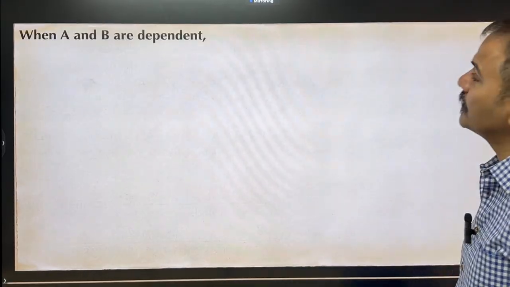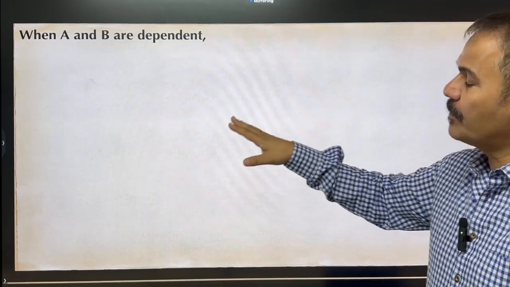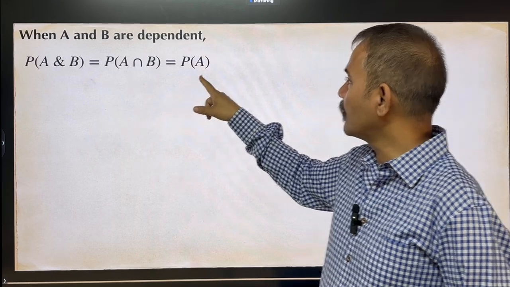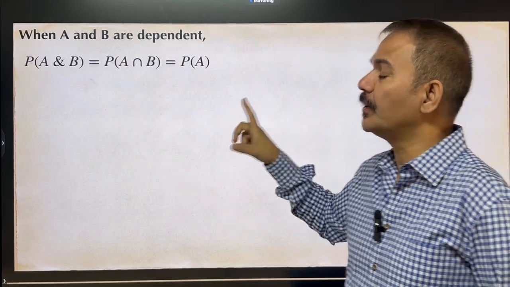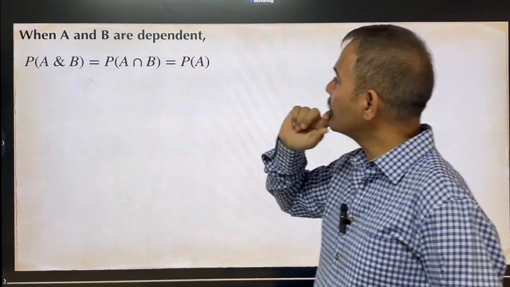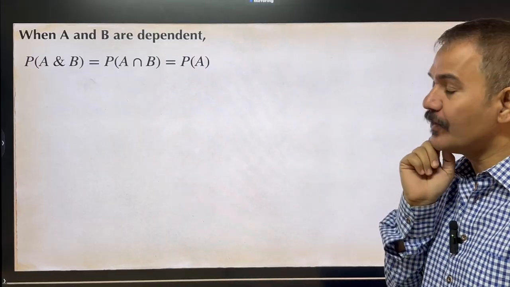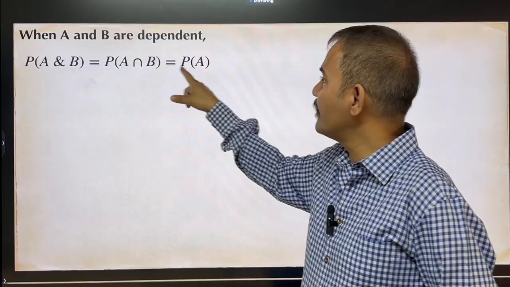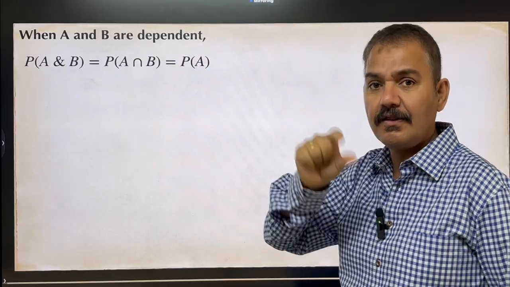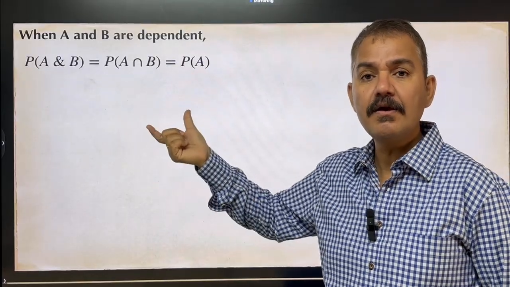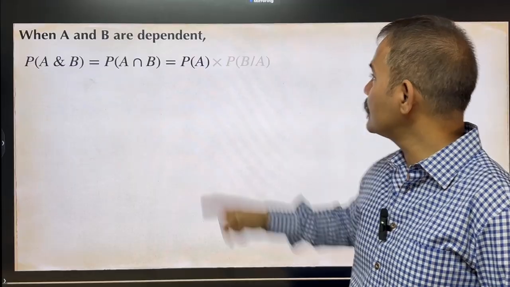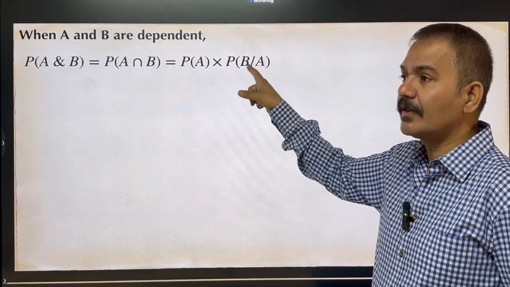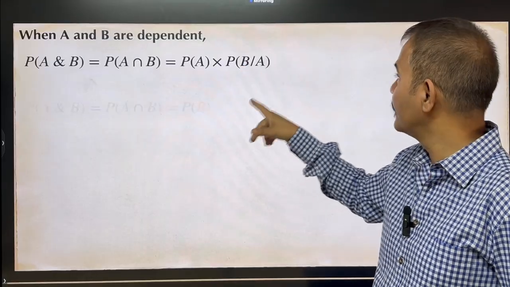Moving further, when A and B are independent, we know that probability of A and B is probability of A times probability of B. Now if they are dependent, how do we find it? We still use the same formula. But if event A has happened first, then the next event, event B, will depend upon A. So we multiply probability of A times probability of B, given that event A has already happened, right?